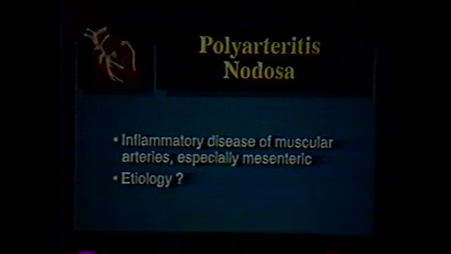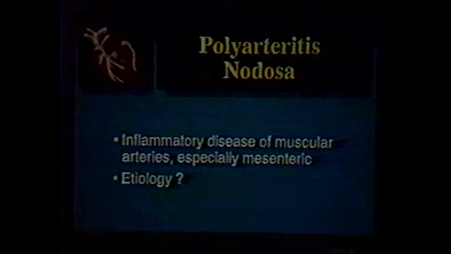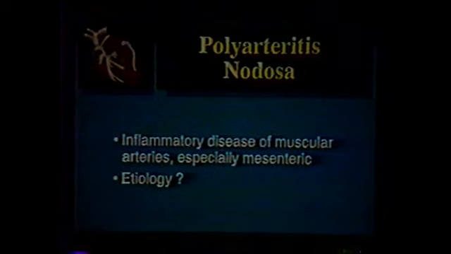The human disease is regarded as a hypersensitivity or immune complex disease, and looking at the pattern of the histopathology, it's quite reasonable to postulate that it may have a similar pathogenesis in rats, but that's uncertain, and the etiology of this is not known, all right?